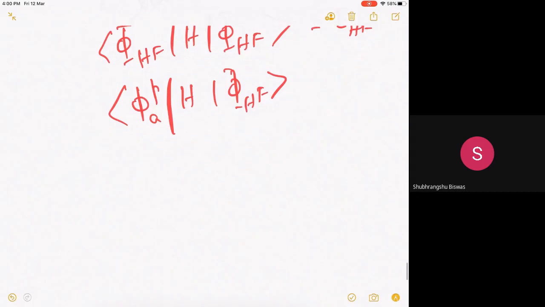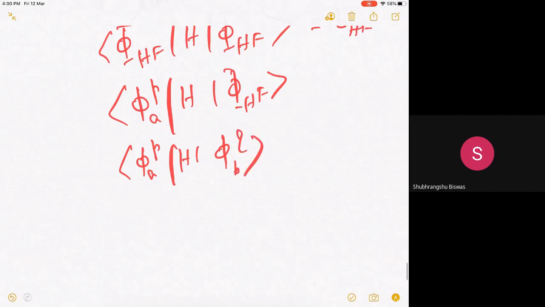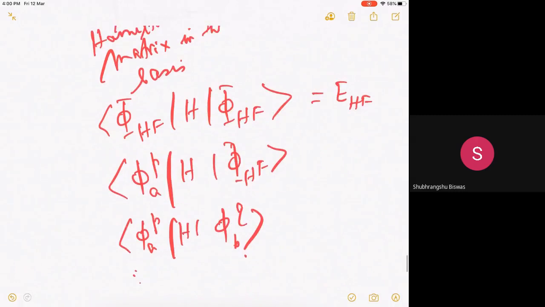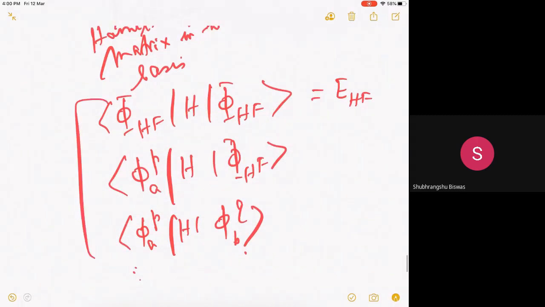You can have both sides singles, phi A AP, H, phi BQ, and so on. Then doubles with Hartree-Fock, doubles with doubles. So all kinds of matrix elements I have to construct. If I arrange them in rows and columns, they become my matrix, and then I diagonalize. So it's a very simple procedure. We need to know how to evaluate this.